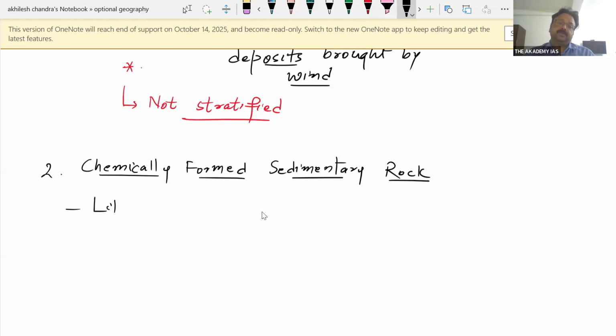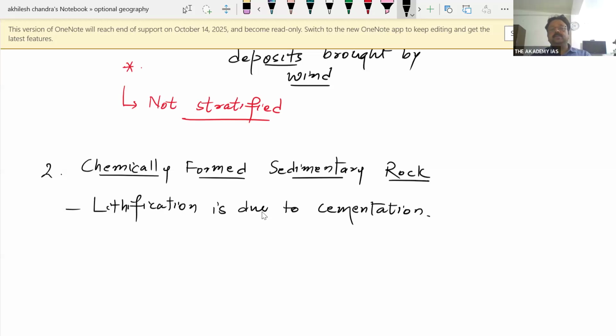Lithification is due to cementation process.